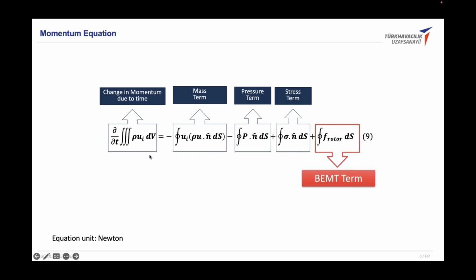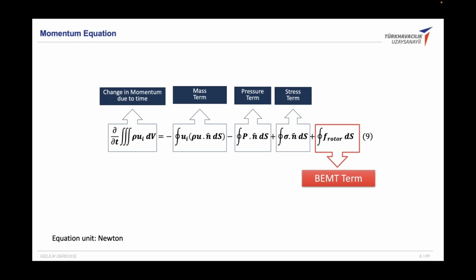In the momentum equation, the first term is change in momentum due to time. After that, the mass term, pressure term, and stress term follow. Then we calculate the force of the rotor. So taking the integral around the actuator disk, we can calculate the blade element momentum term, and we can add this to the momentum equation.